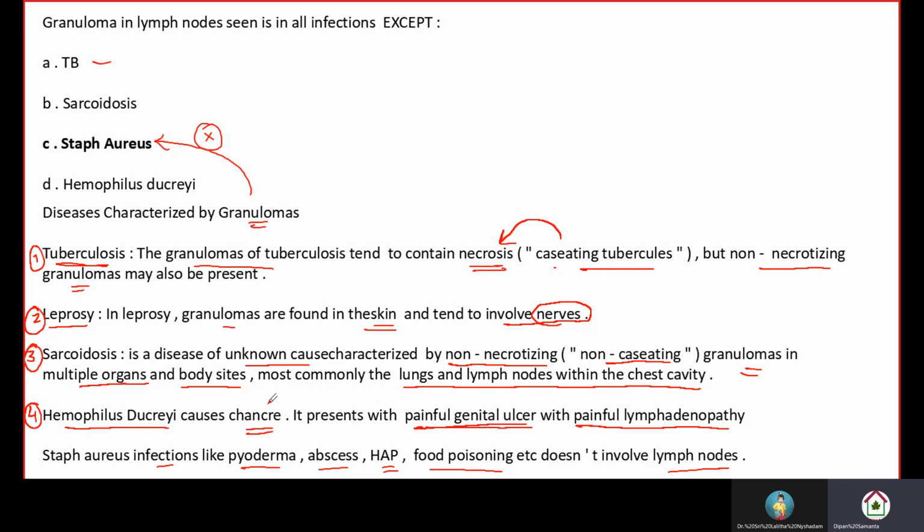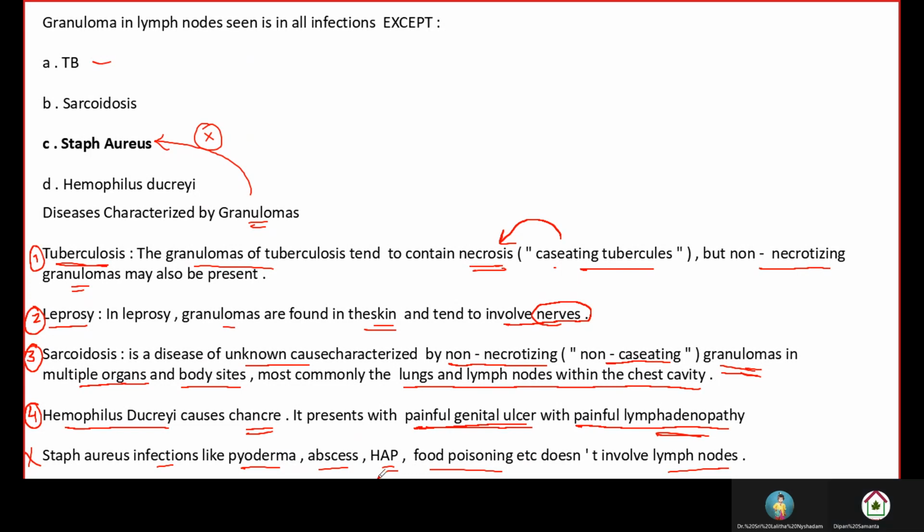Sarcoidosis also shows granulomas. Haemophilus ducreyi can cause granulomas and also lymphadenopathy. Only Staphylococcus aureus will show infections, but granuloma will not be seen in Staphylococcus aureus.